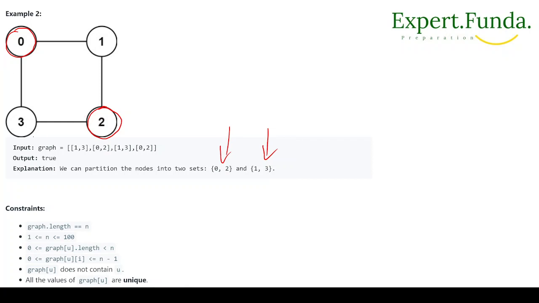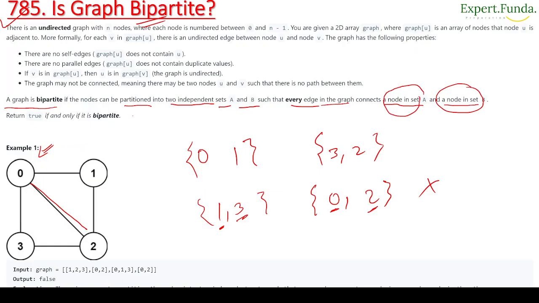They are connected indirectly through 3 or 1, but not directly. Similarly, 1 and 3 are not directly connected. That's why we can partition this graph into 0 and 2, and 1 and 3. This graph is bipartite and we have to return true.